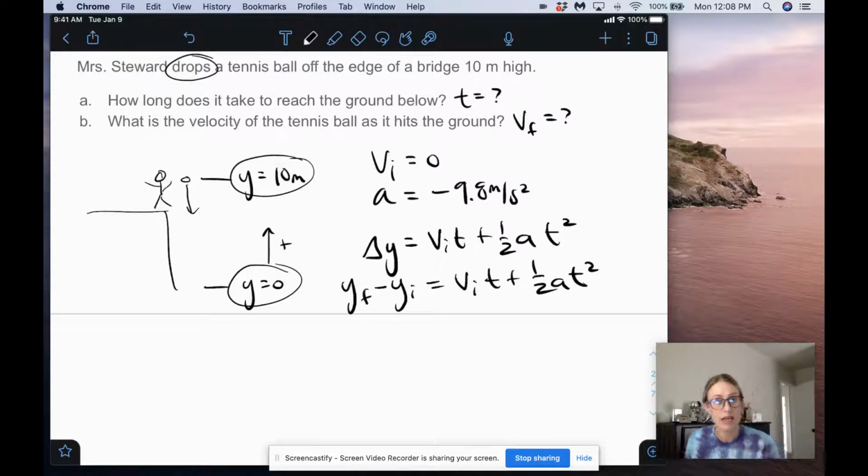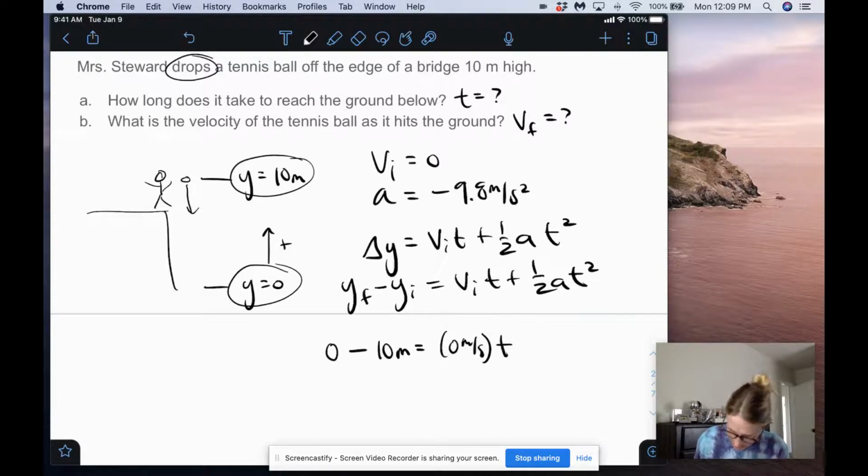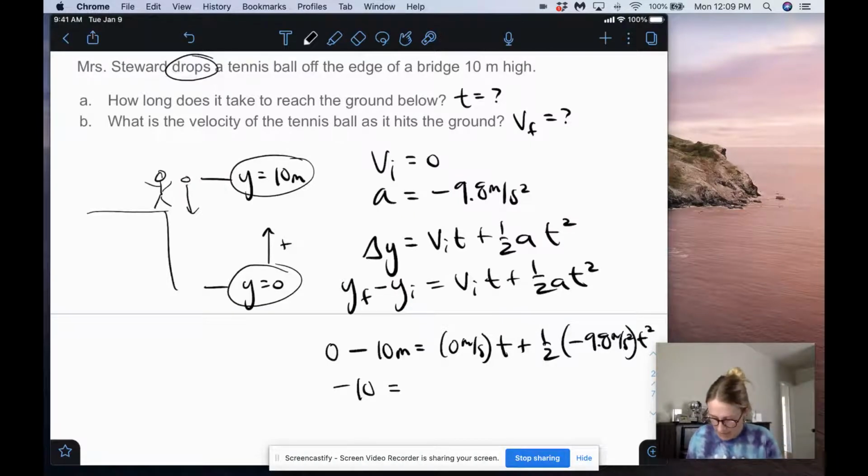So let's plug in our numbers. Final position is the ground, so that's 0 minus initial position of 10 meters equals initial velocity, which is 0 meters per second, times t, plus 1/2 times acceleration, negative 9.8 meters per second squared, times time squared. So we get negative 10 equals 0, because 0 times anything is just 0, plus 1/2 times negative 9.8, which is negative 4.9, times t squared.